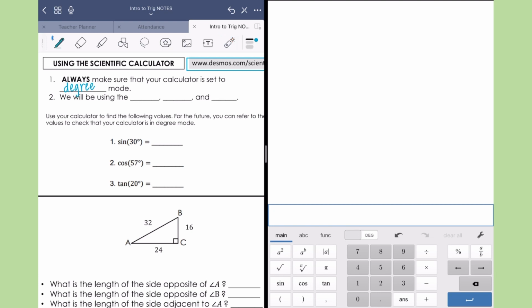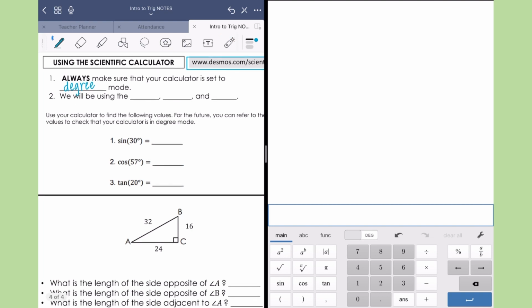Okay, and for trig, we are going to be using the sine, cosine, and tangent buttons. And they look like this. So if you look over here on my calculator, they're right here. Sine, cosine, tangent. Okay? All right, so let's practice.